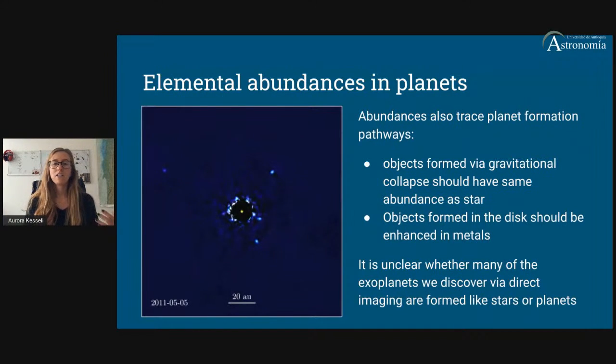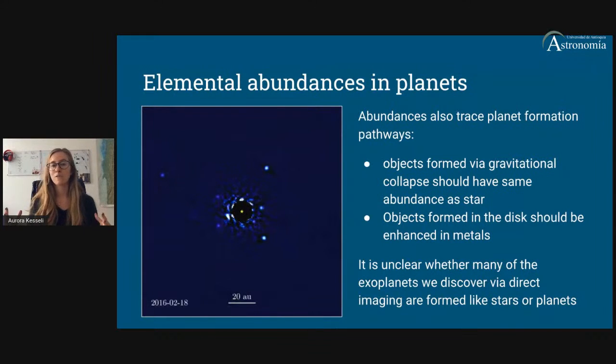So we want to know, in binary star systems, when two stars collapse, they basically collapse out of the same gas and dust. And then they are close to each other and are in a binary pair. But a planet we would expect to form in the disk of the star.